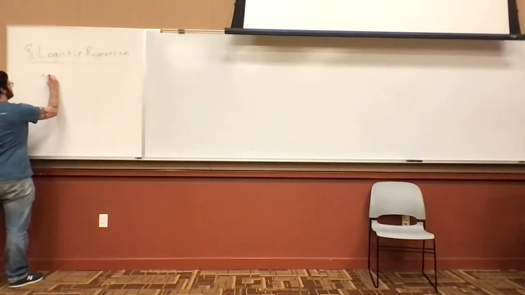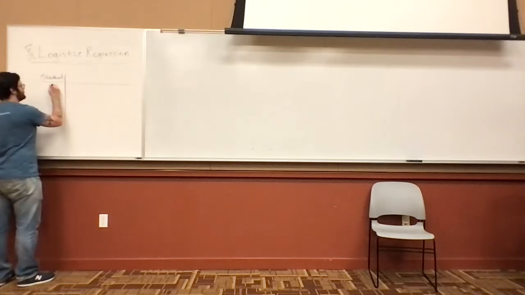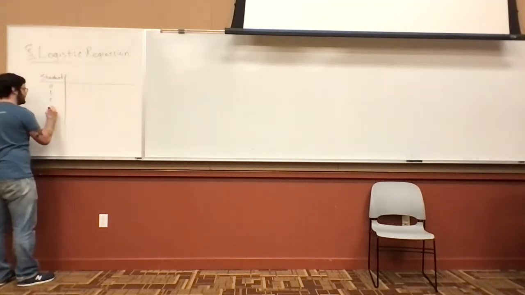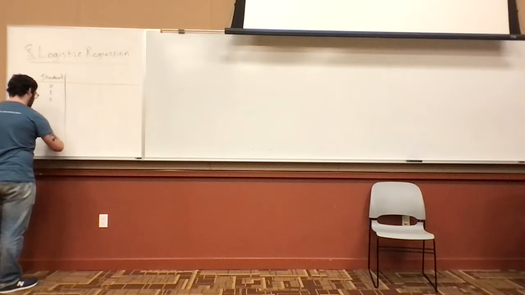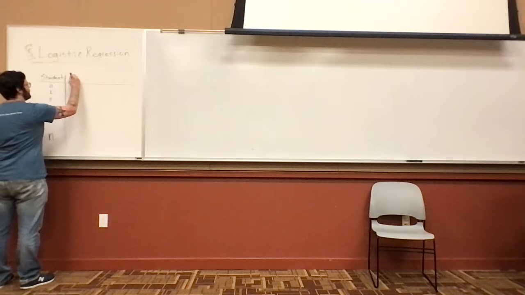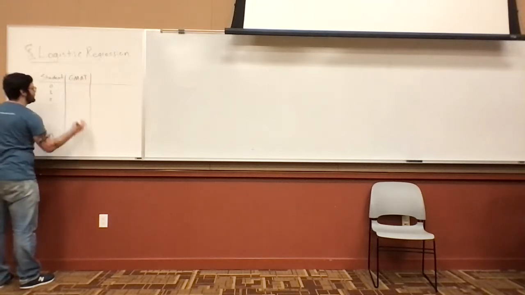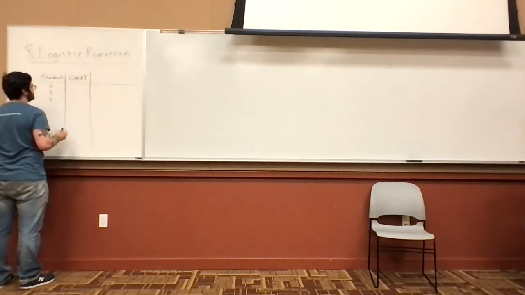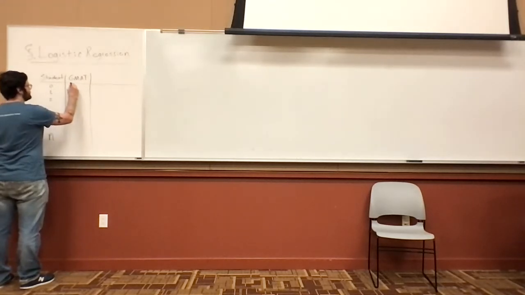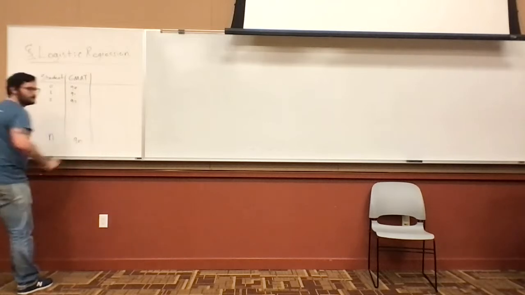So we have student 0, 1, 2, ... and then suppose we have n of them. And then for each student, we have a GMAT score. So I'll say G0, G1, G2, all the way through Gn.